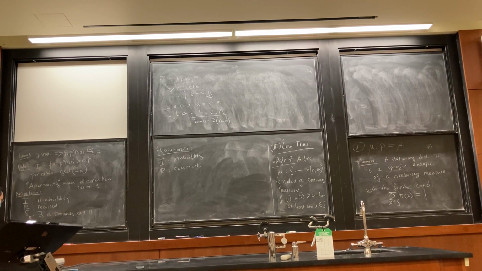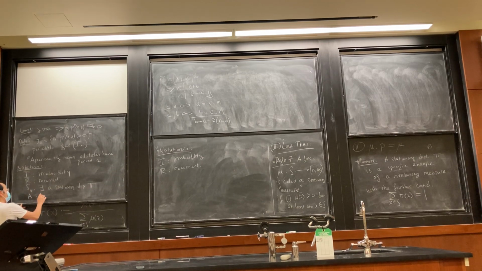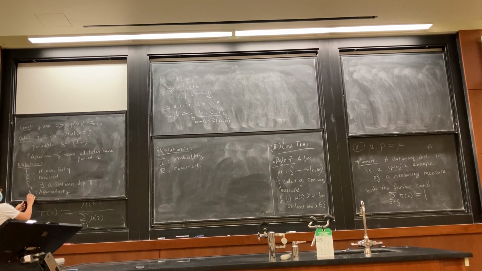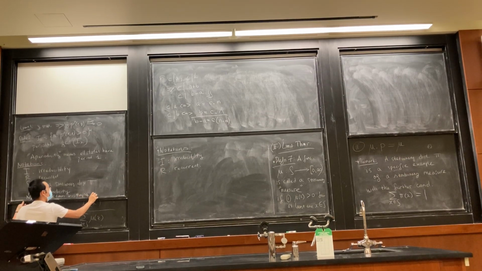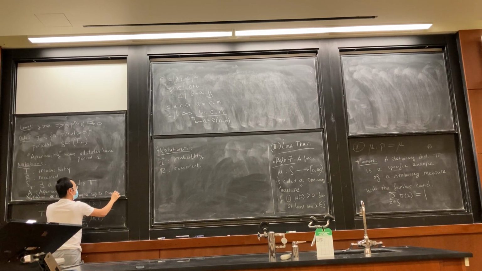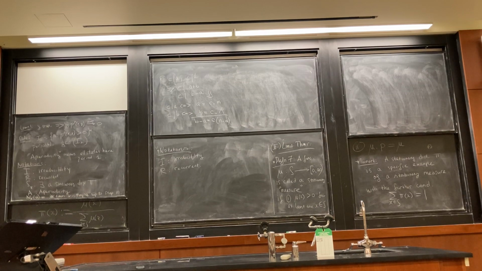And A is for aperiodic. And N sub n of y is the number of times visiting state y up to step n.